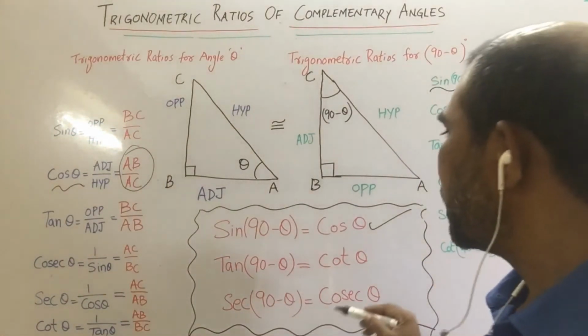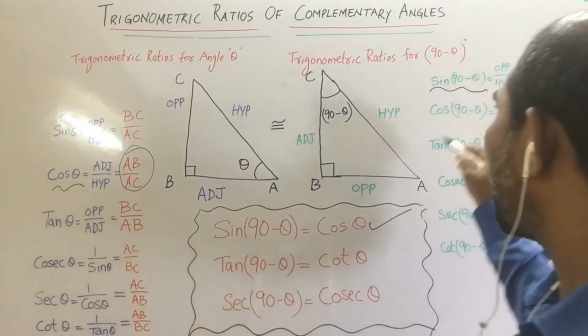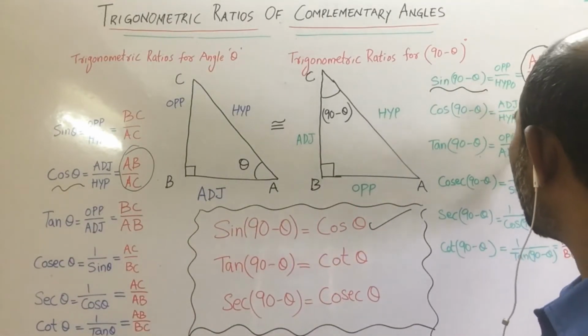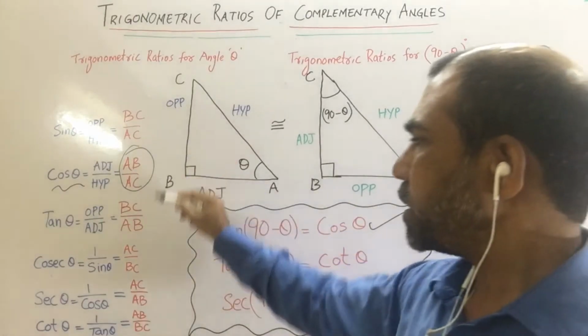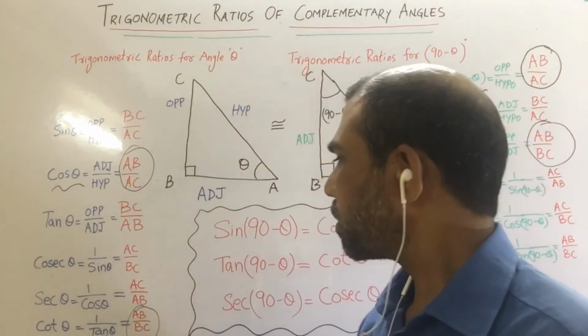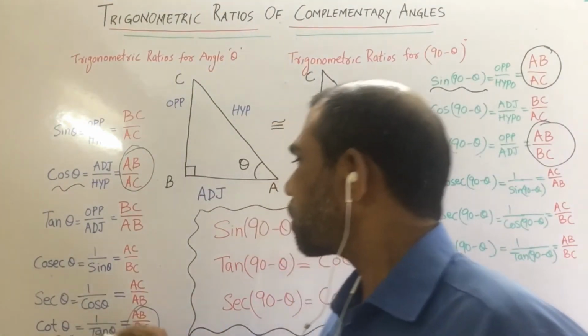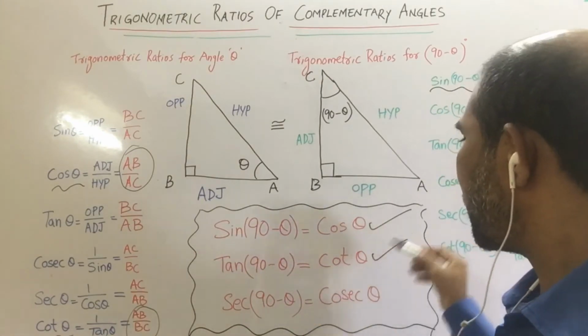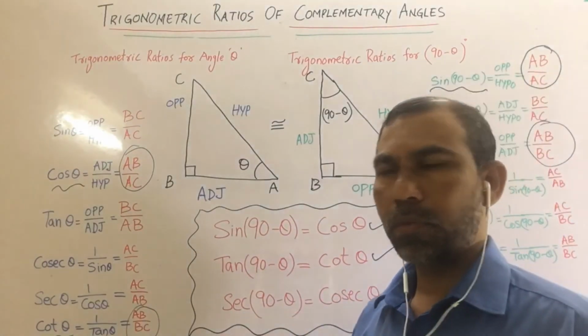And similarly, if you see tan 90 minus theta, it is AB over BC. Where is AB over BC? AB over BC is here. That is cotangent theta. Tan 90 minus theta is cot theta, or cotangent theta.